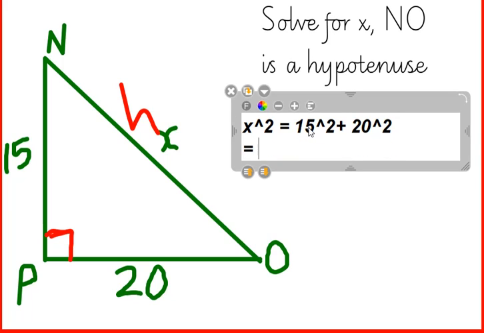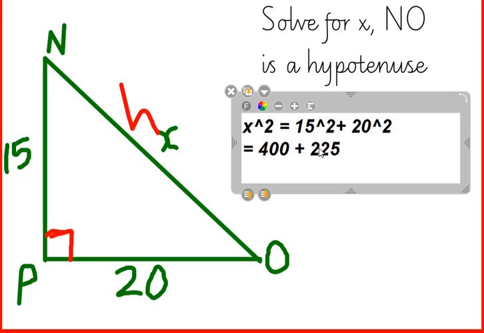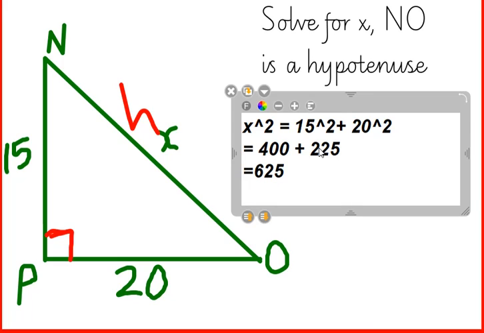Let's simplify: 15 squared is 225 and 20 squared is 400. And if you add those together, 225 plus 400 is equal to 625. And that's our x squared.